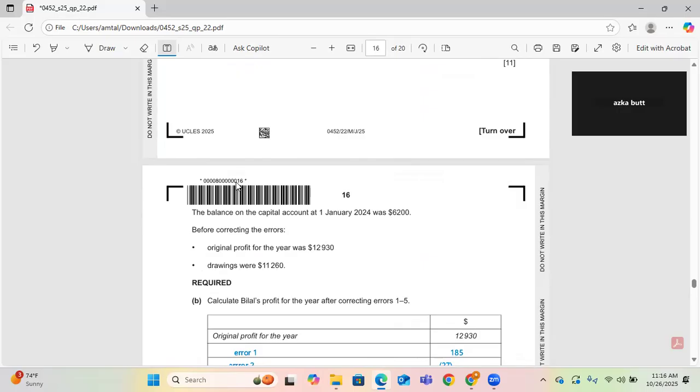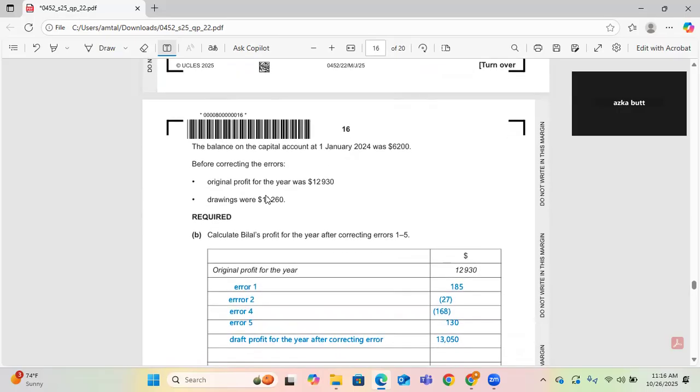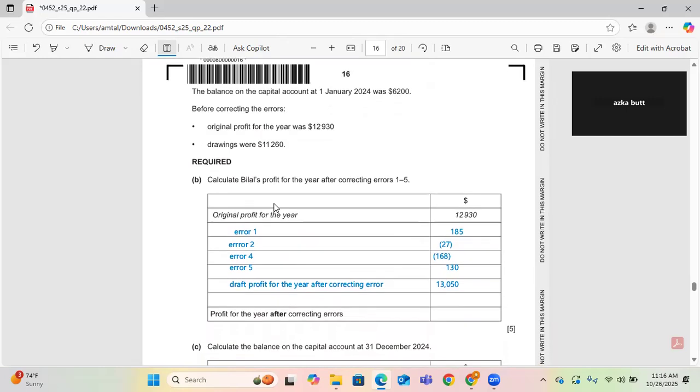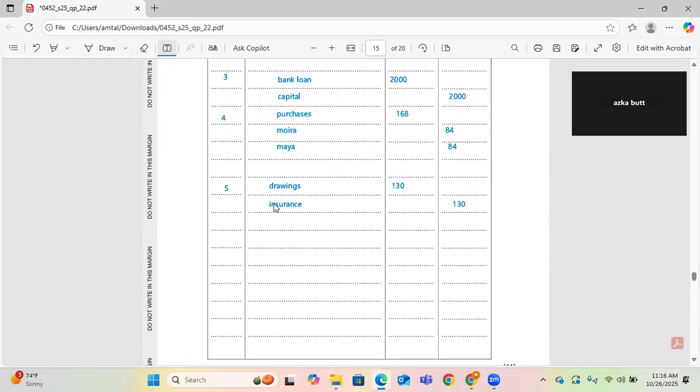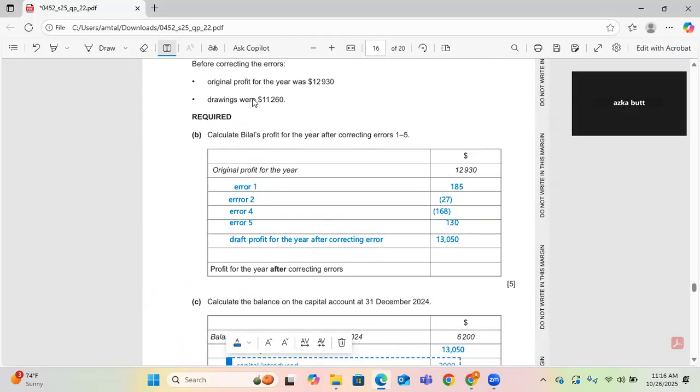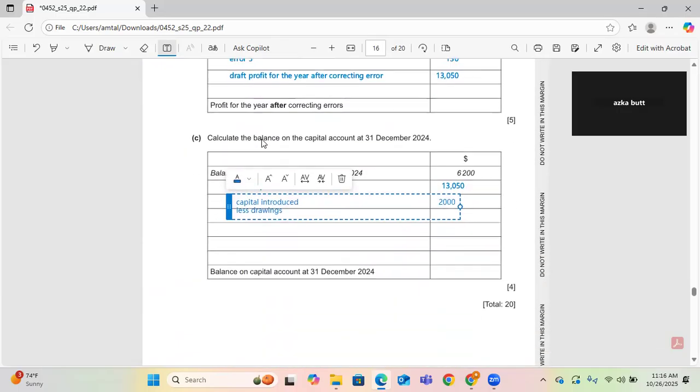Do we have the drawings, which is 11,260, as you can see, 11,260. And we have this drawing as well, 130 cash drawings. So 11,260 plus 130.